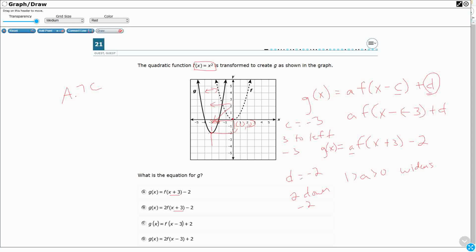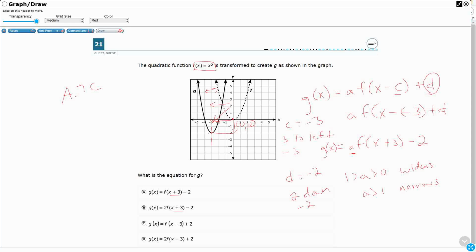And it didn't necessarily widen. It just ended up narrowing a little bit. So that's going to be what happens when a is greater than 1. It's going to narrow. And the higher that a is, the thinner and thinner and thinner. If you were to make a 100, it would almost look like a straight line, unless you zoomed in really close. And so we can say that it narrows.